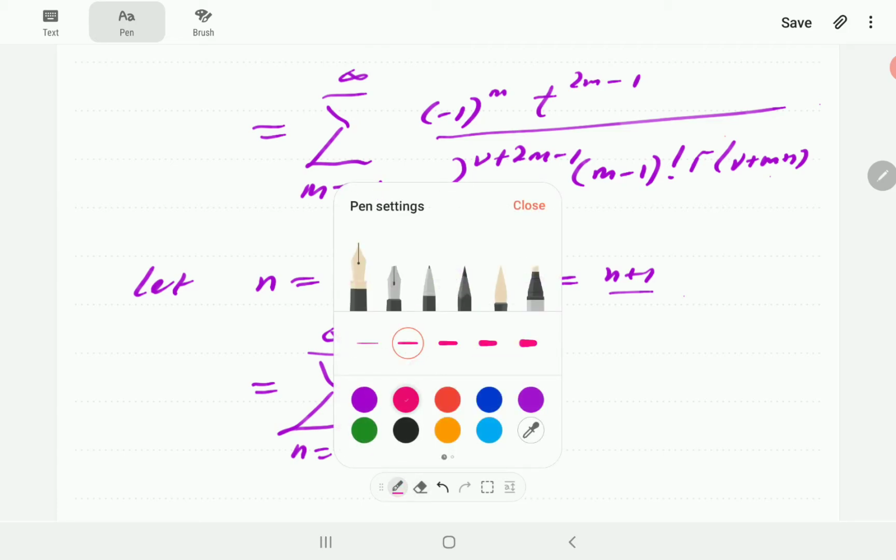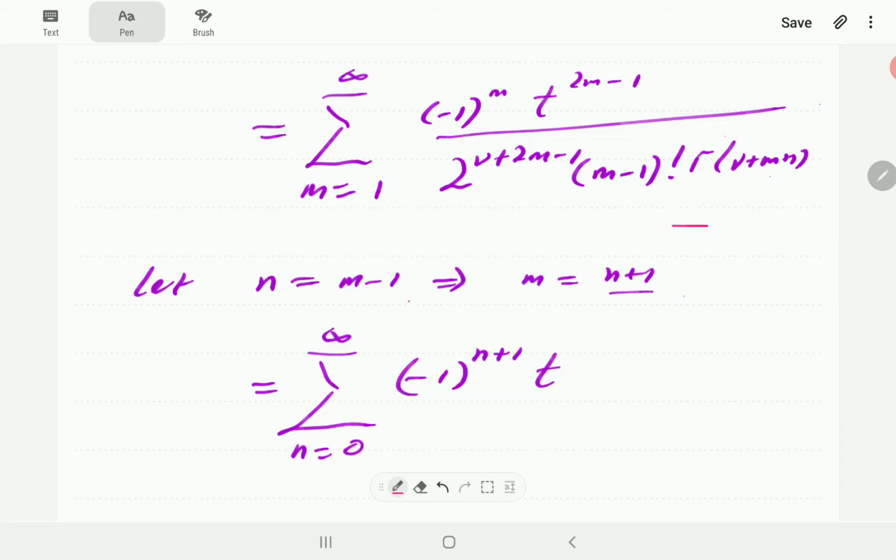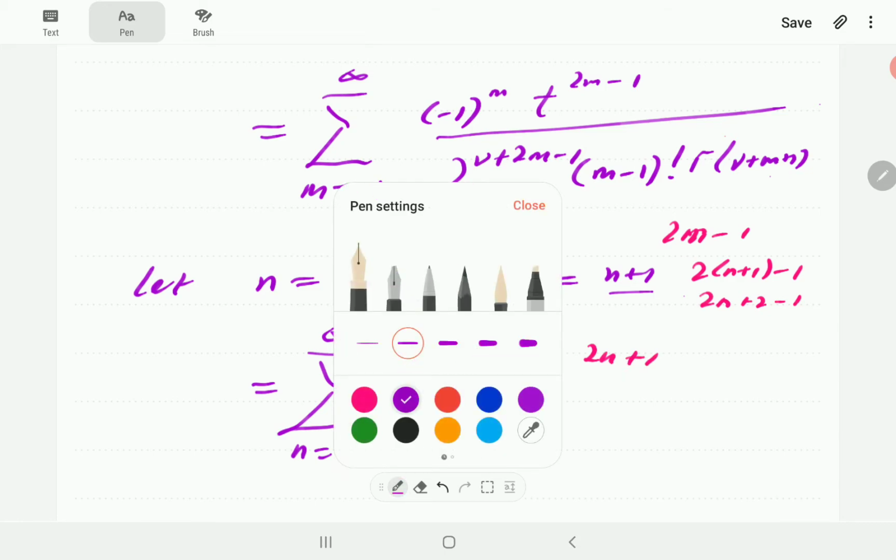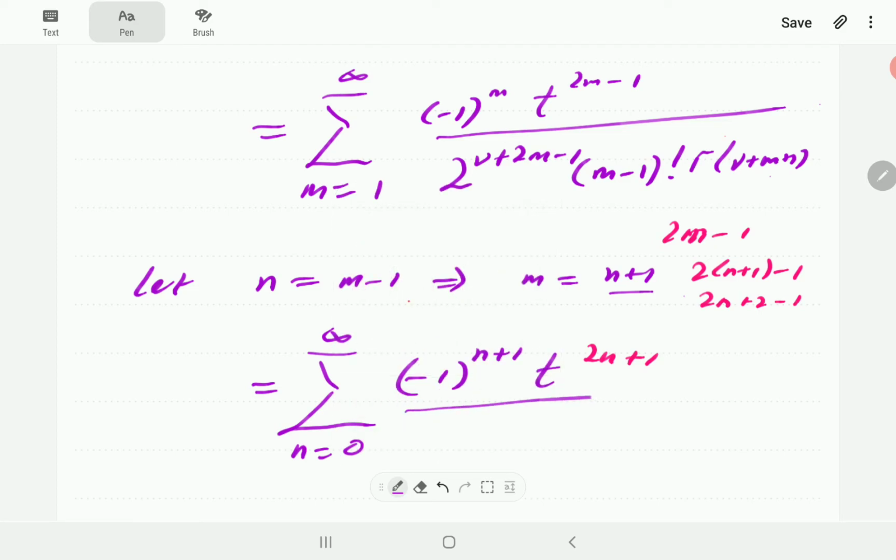So let's work that out here. 2m minus 1 is going to be 2 into n plus 1 minus 1. 2n plus 2 minus 1 is going to be 2n plus 1. So every 2m minus 1 becomes 2n plus 1.